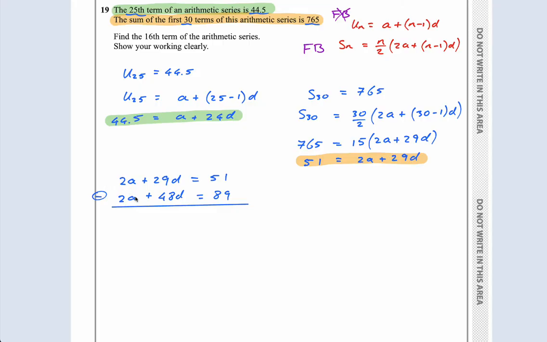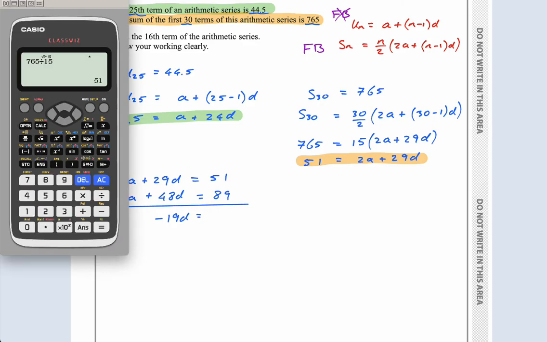That will eliminate the a's. So the a's disappear. 29 minus 48d is minus 19. So minus 19d is equal to 51 minus 89.